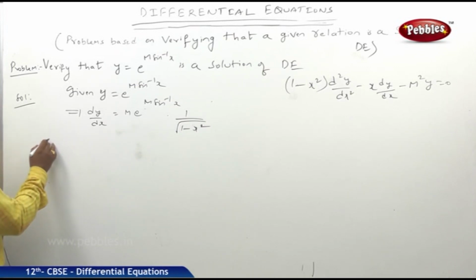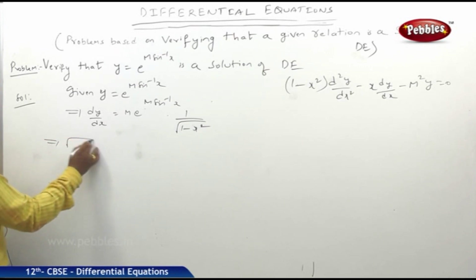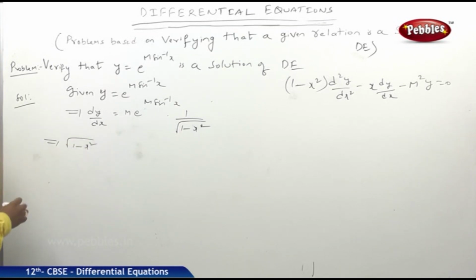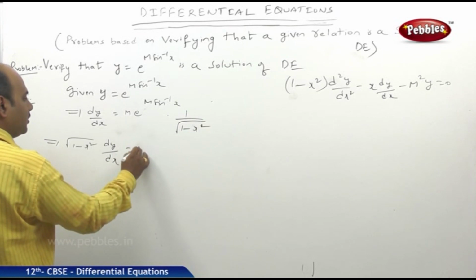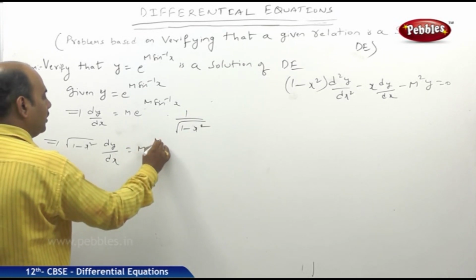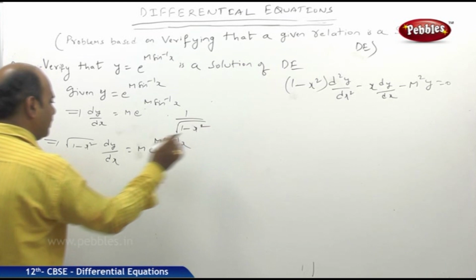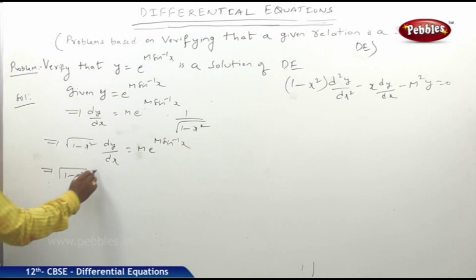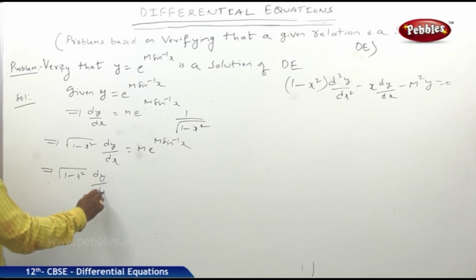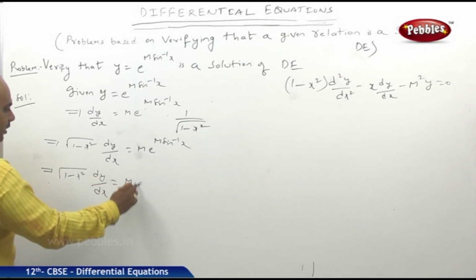Later I will be cross multiplying. So what I will be getting? Under root of 1 minus x square dy by dx is equal to m into e power m sine inverse x.